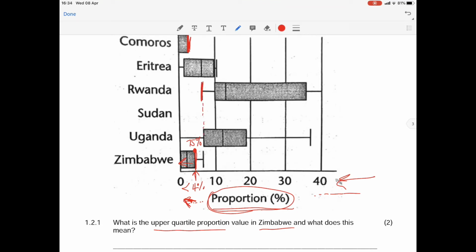Remember, which is its bottom whisker. And we need to look and see in which of the other countries this minimum corresponds to that country's median. And remember what the median is? It's the line that is going down through the box. And here we can see that Eritrea's median is roughly at the same place as Rwanda's minimum. So your answer will be Eritrea.